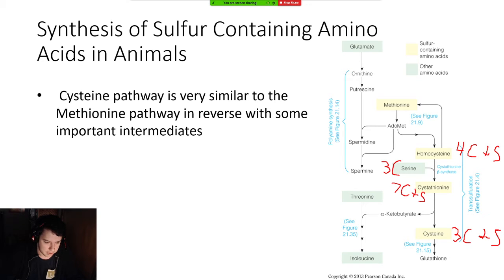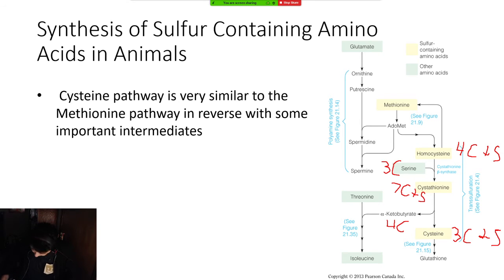And then we have this leftover alpha-ketobutyrate, which is the 4-carbon backbone, but it doesn't have the sulfur. So the sulfur goes from this homocysteine to this serine. And this cysteine can be used for glutathione.